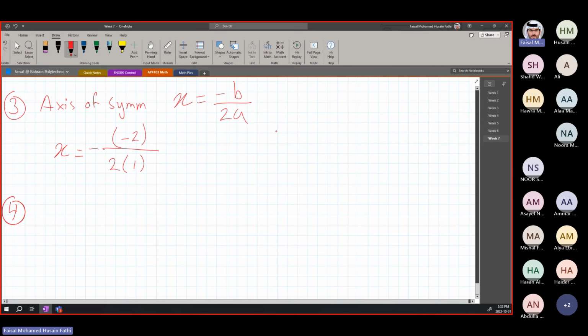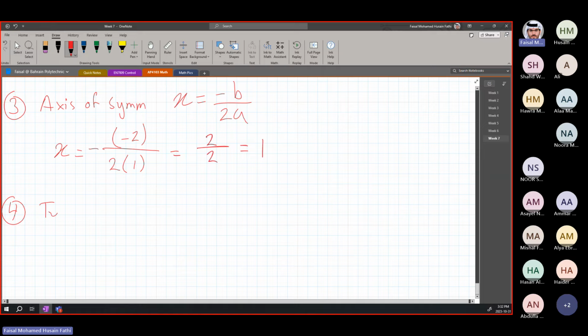Now let's solve it. Minus times minus becomes plus, so it becomes 2 over 2, which is equal to 1. We found our x equal to 1.